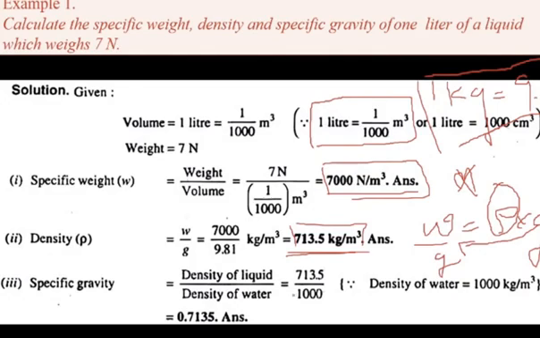Density of water we already know, please remember this, density of water is 1000 kg per meter cube. So whenever we divide, we will get the answer specific gravity as 0.7135.